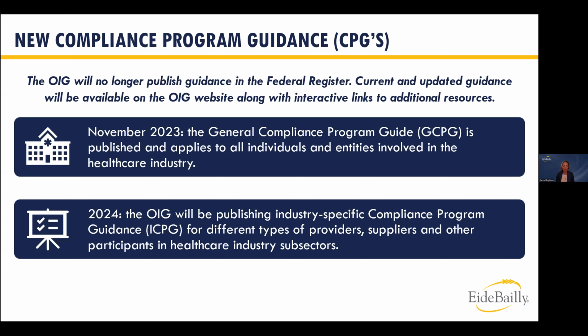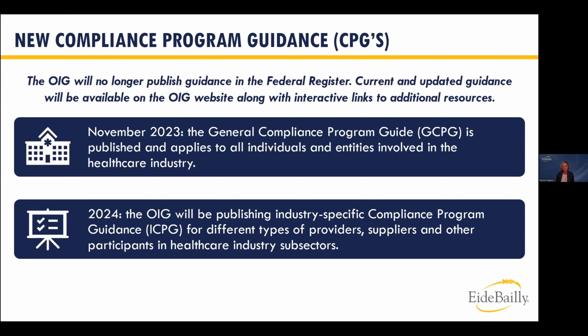So in November of 2023, this general compliance program guide was published, and it applies to all individuals and entities involved in the healthcare industry. Now, in 2024, the OIG indicated that they were going to begin publishing industry-specific compliance program guidance for different types of providers and suppliers. We did not actually see that take place in 2024.